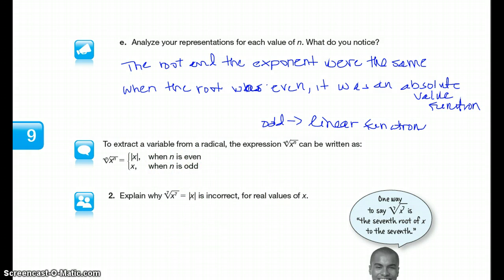So now that makes sense as they ask us in question 2, why is the 7th root of x to the 7th incorrect to say it's absolute value? Well, it's odd, right? So that tells me that the 7th root of x to the 7th should just be a plain linear x.